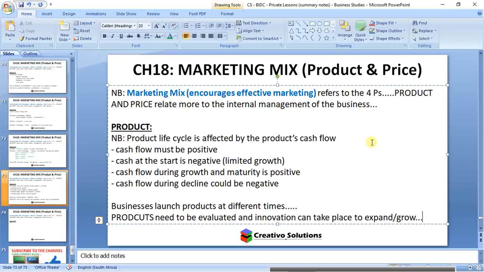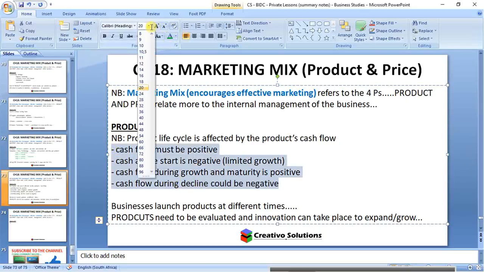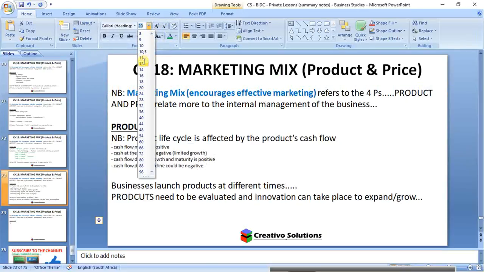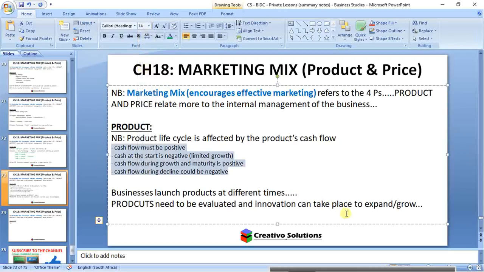And then the last bit is just the portfolio. So when looking at products, there's going to be a portfolio of products. Products are going to be grouped into categories. So we'll have a line of shoes, we'll have a line of brands, or types of products.